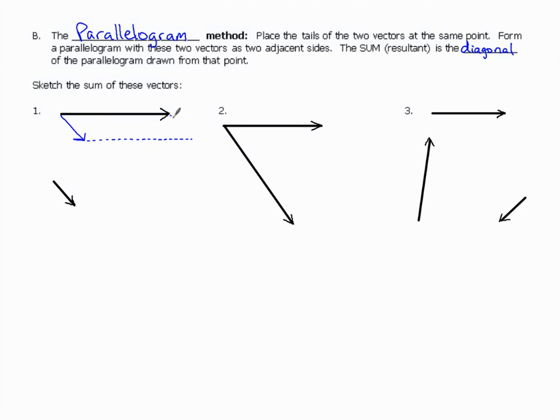And then here. And this is approximately the length and direction of the other vector. The sum is the diagonal of the parallelogram drawn from where the tails are. So the sum is going to go this way.